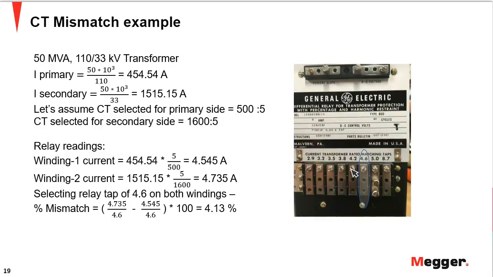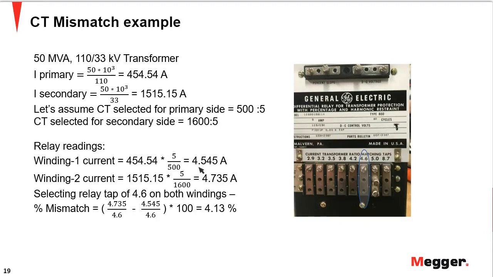If you choose 4.2, which would be lesser than the tap setting used as your reference for winding 1 and 2 for the relay to do its calculation, that's what it's tapping off. So if you choose 4.2, it's lesser than your actual full load amps on the secondary.